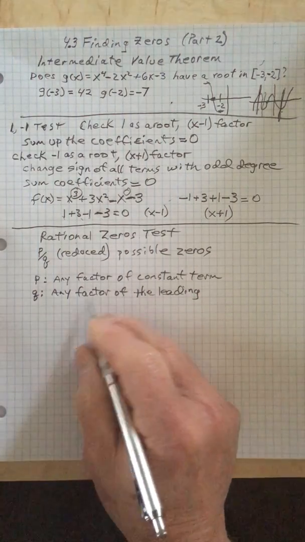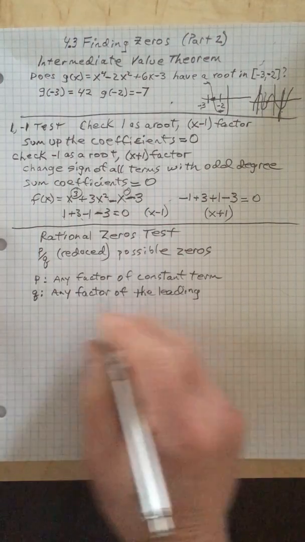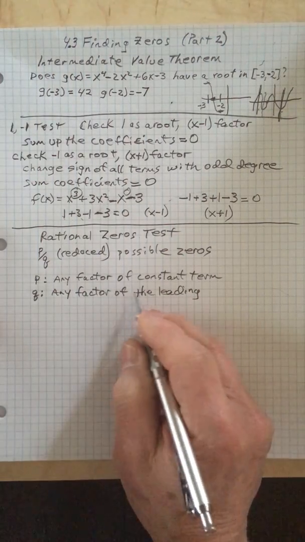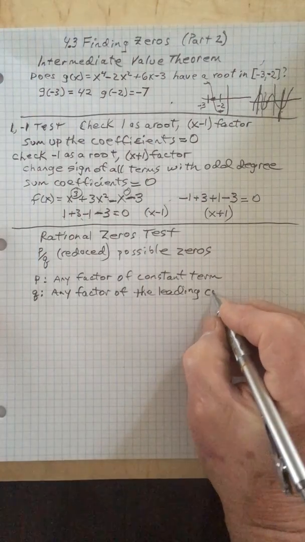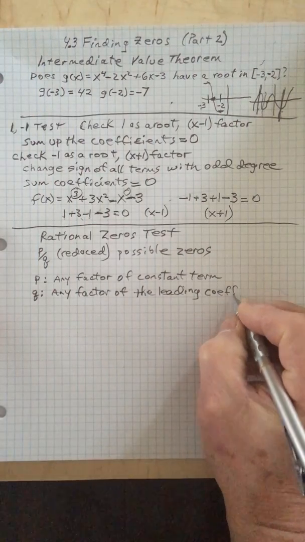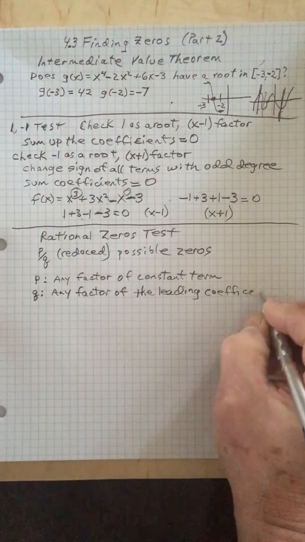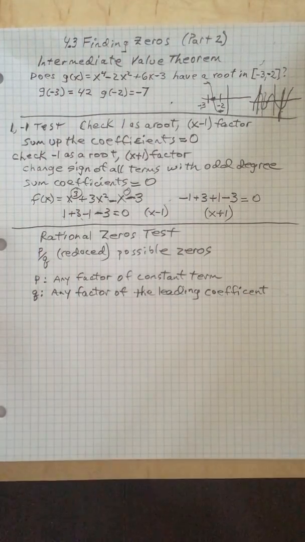So what you're doing is looking for the leading term, and then it's going to be a factor of the leading coefficient. So the leading coefficient is just the coefficient of the leading term.